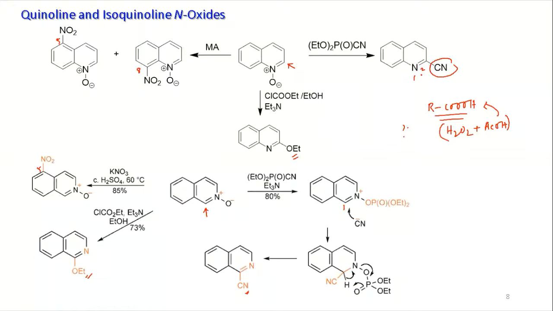Yes, tell. Sir, if you use mixed acid, which one is the major product? Generally this one will be major and this one will be minor, but the ratios do not vary too much. They are comparable, say 45% for one and around 40% for the other.